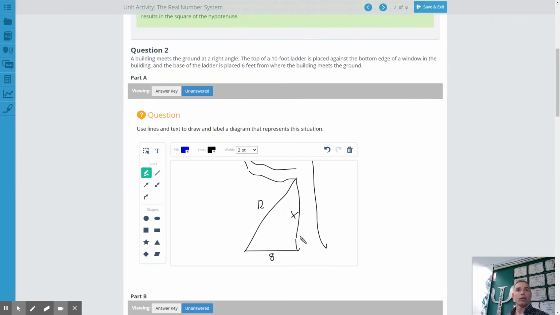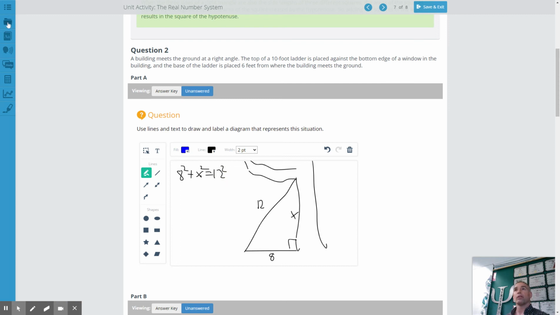Well, lo and behold, we have a right triangle here with the length of that ladder, the base, and then the height going up. So now we can use the Pythagorean theorem to figure out what x is. 8 squared plus x squared is equal to 12 squared.